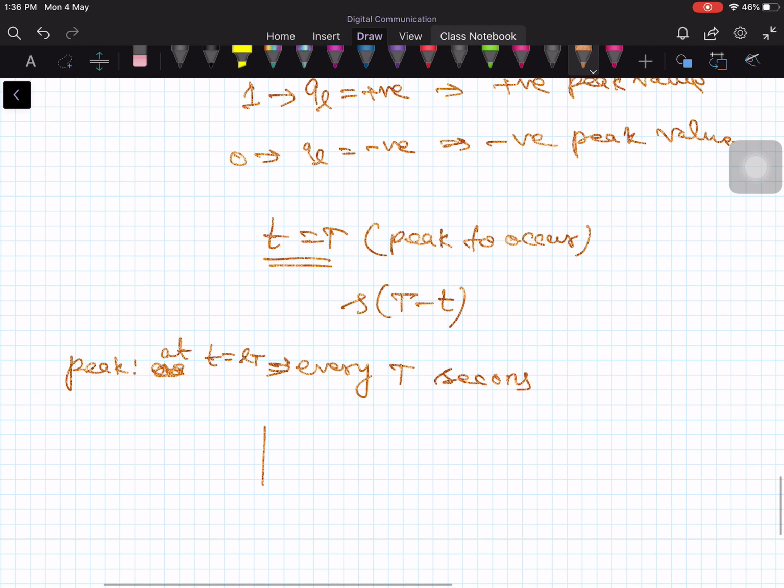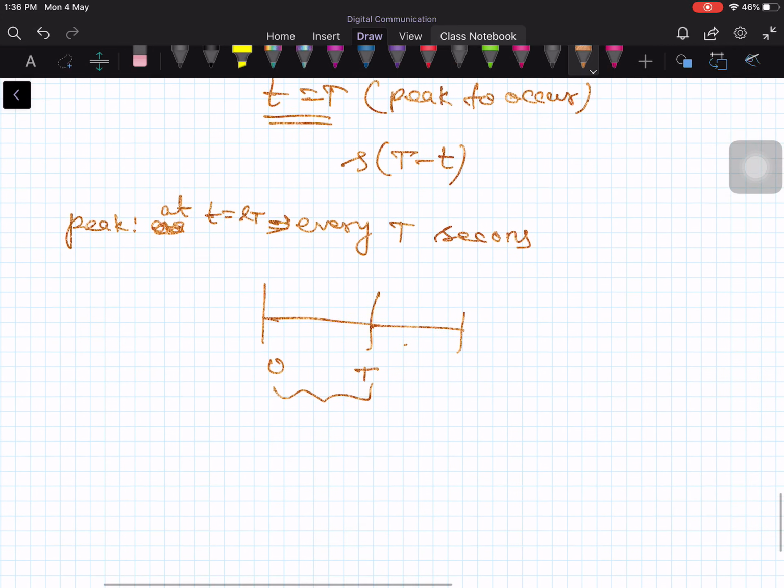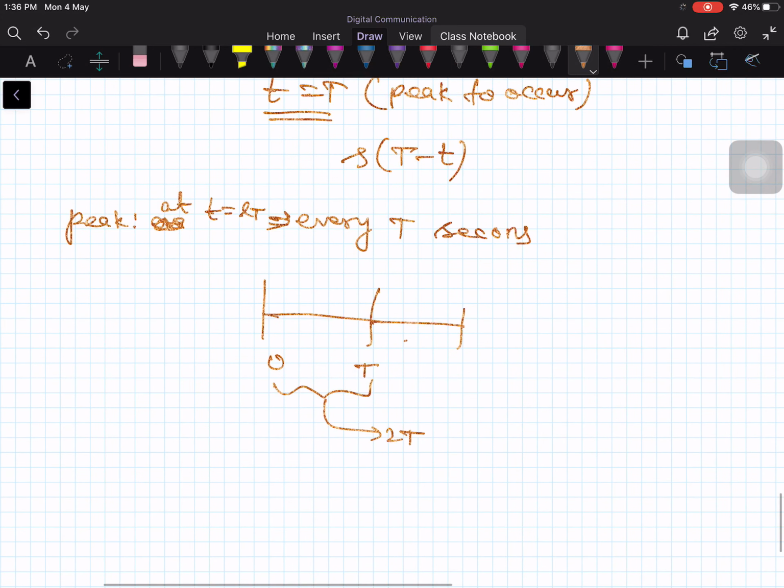Suppose you take this pulse duration, at the end of the pulse duration I'll get a peak pulse, and it doesn't mean that in the next bit interval it is not producing any output. It doesn't mean that it is giving 0 response to the next pulse, right? So therefore, even if your pulse is of finite duration, the minimum duration of the matched filter output will be 2T. If we take 0 to T, the minimum duration of the output of the matched filter is going to be 2T.